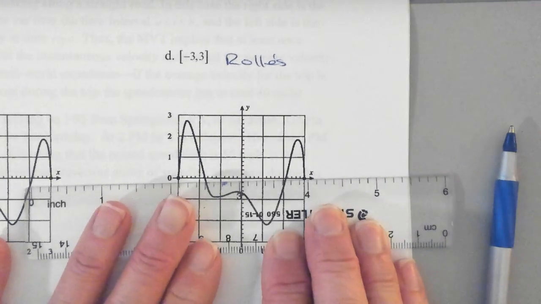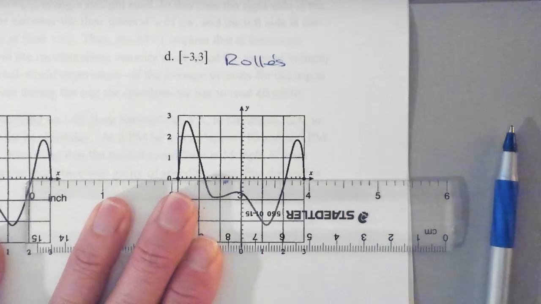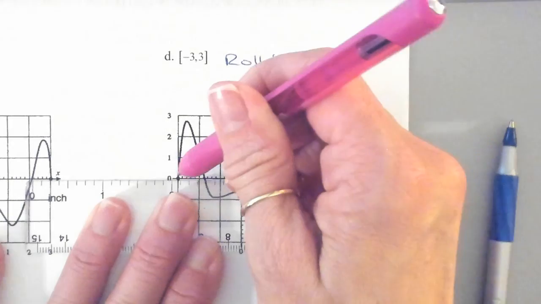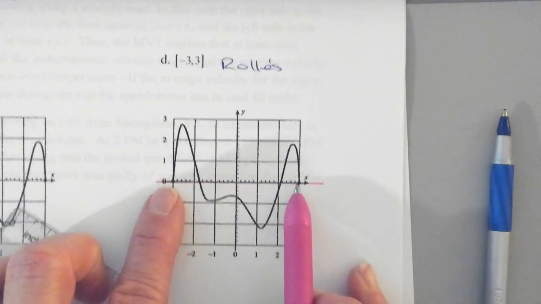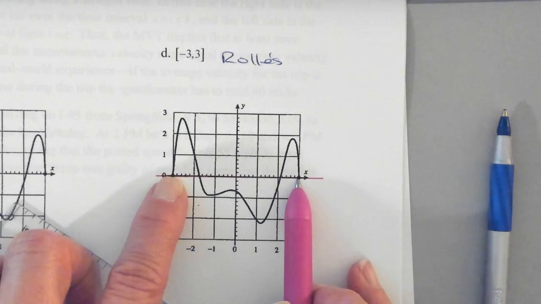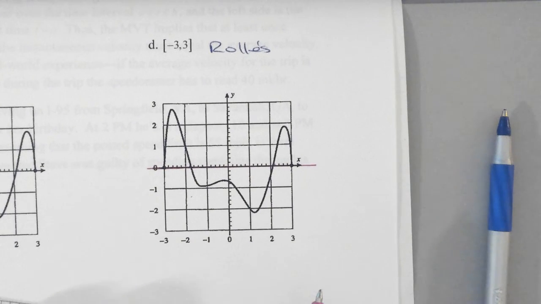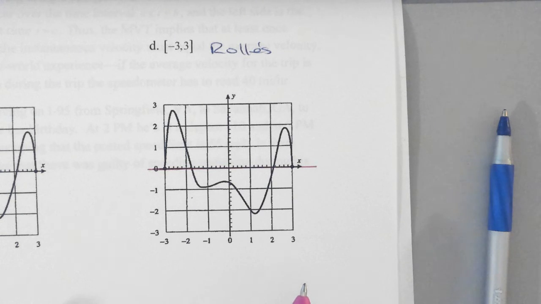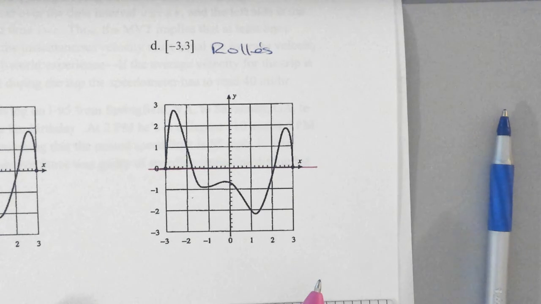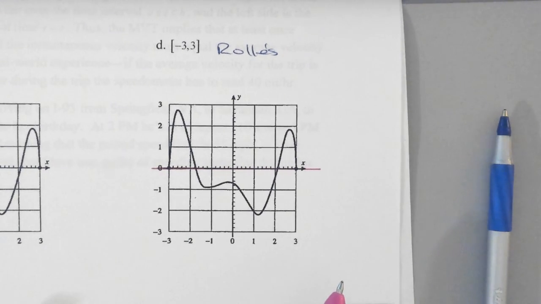I'm going to draw this slightly under here so you can see it. I extended beyond, but it's from here to here. So what I want to know is, how many horizontal tangent lines do I have, because the slope is 0?